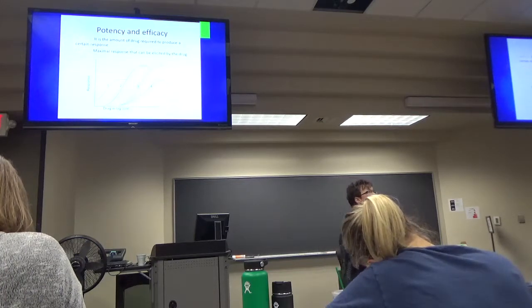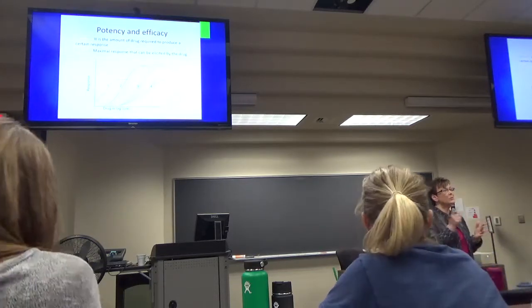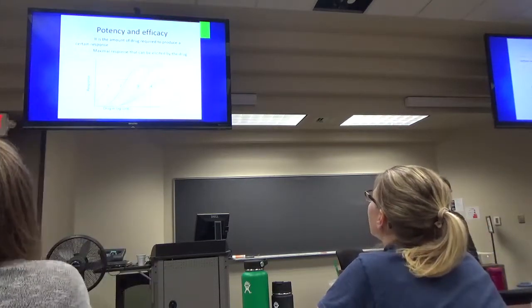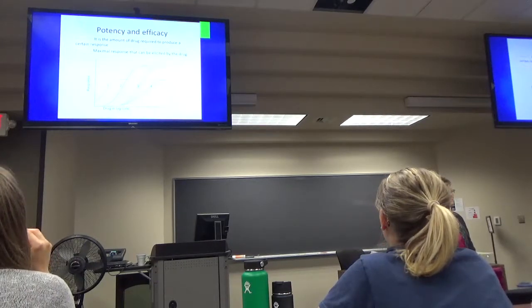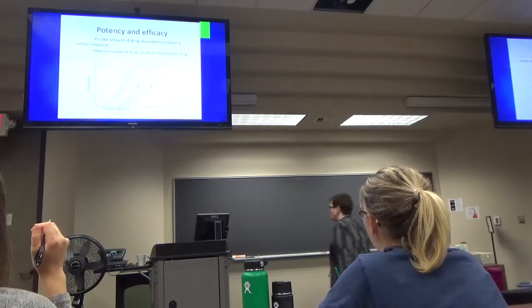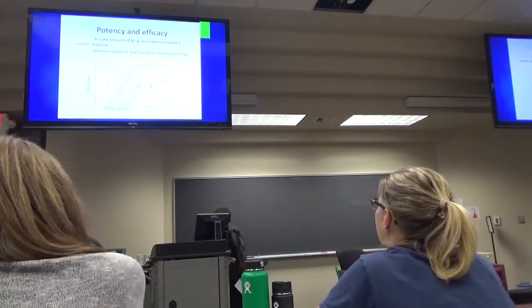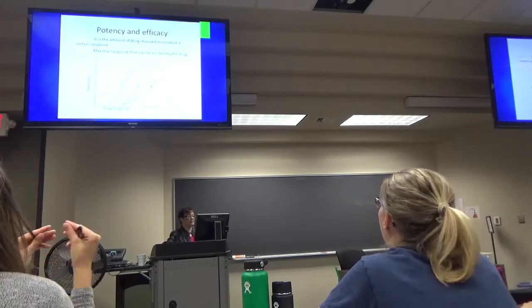Okay. So if potency is the amount of drug required to produce a certain response, which of those drugs is the most potent? One. If you are looking straight across, let's look at where one, can you see my mouse?